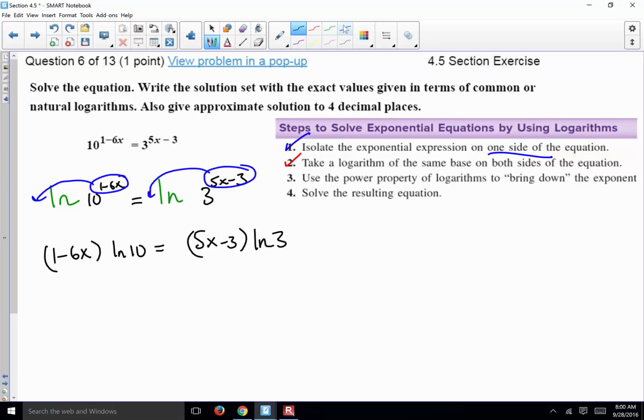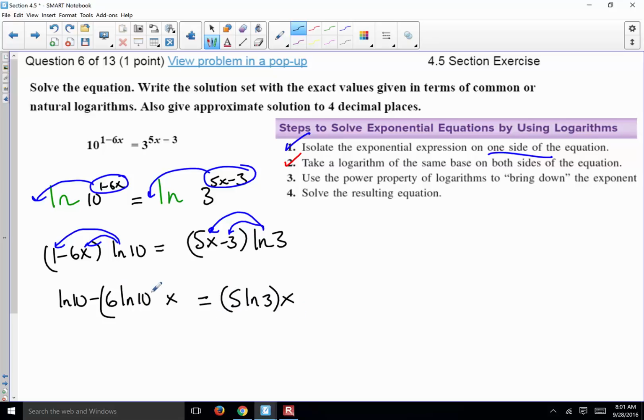Alright. ln 10 is nothing but a number. This is a number, this is a number. A number multiplying a parenthesis, a number multiplying another parenthesis. To be able to collect those x's together, unfortunately you need to multiply these parentheses out. So 1 times ln 10 is ln 10 minus 6 times ln 10 x, equals 5 ln 3 x.